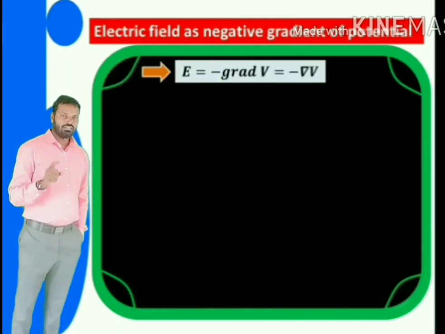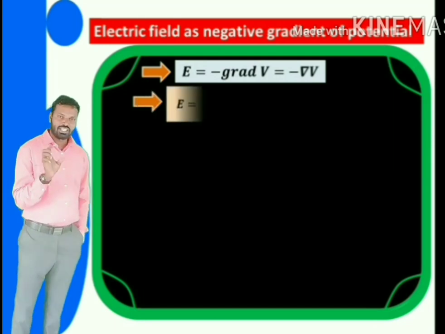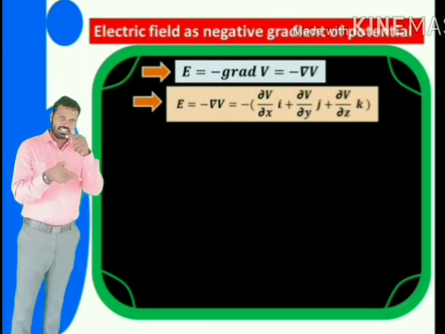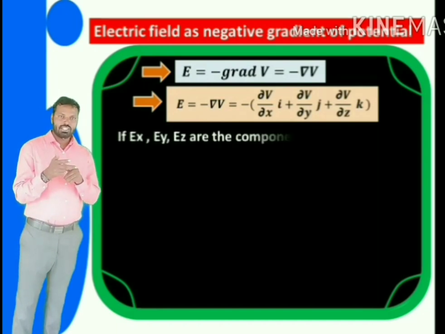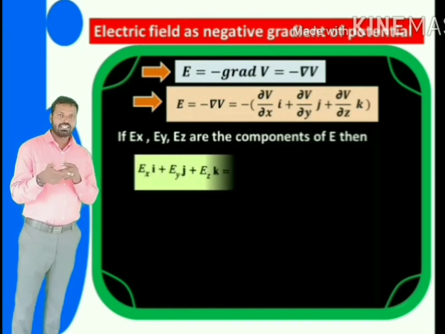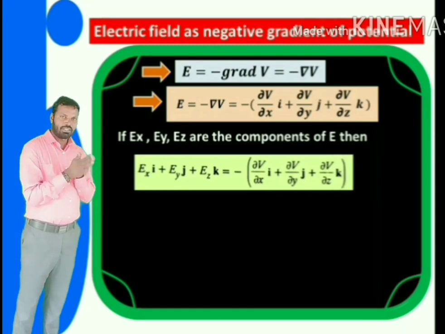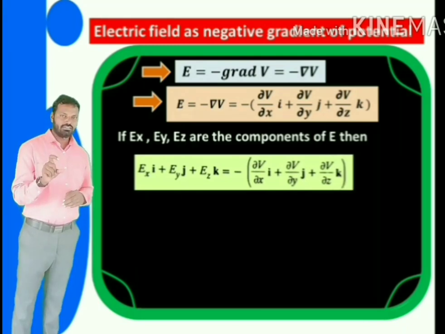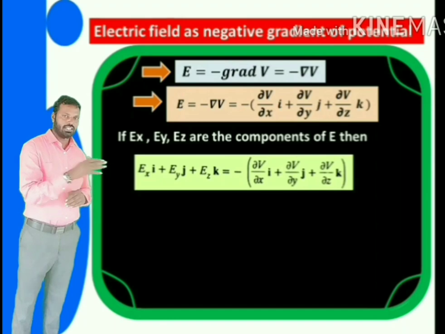Now if the components of electric field in three directions are Ex, Ey, Ez, then I can write E as Ex i plus Ey j plus Ez k. Similarly del V is equal to dou V by dou x i plus dou V by dou y j plus dou V by dou z k.